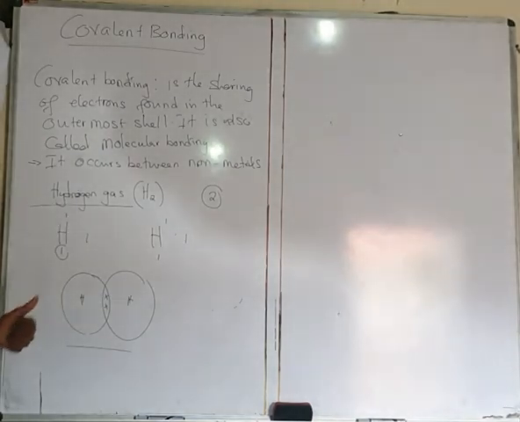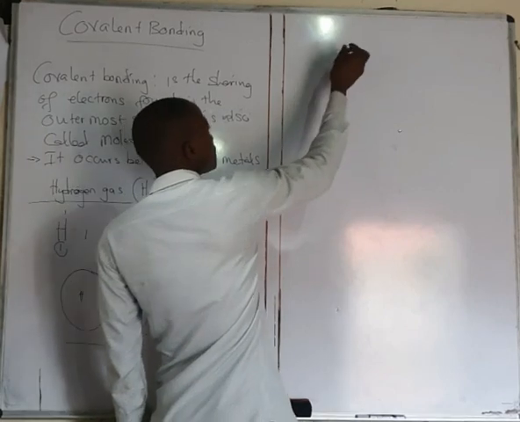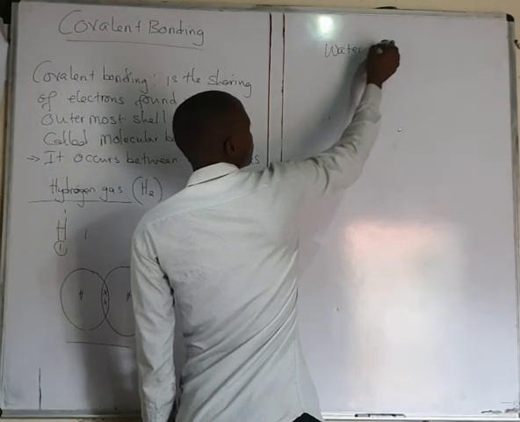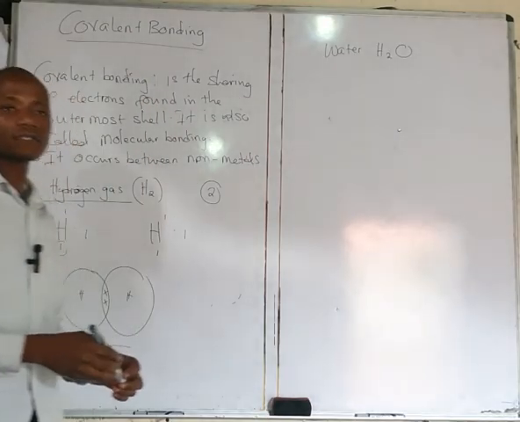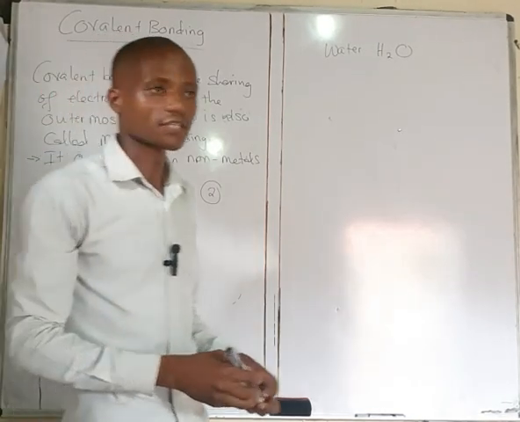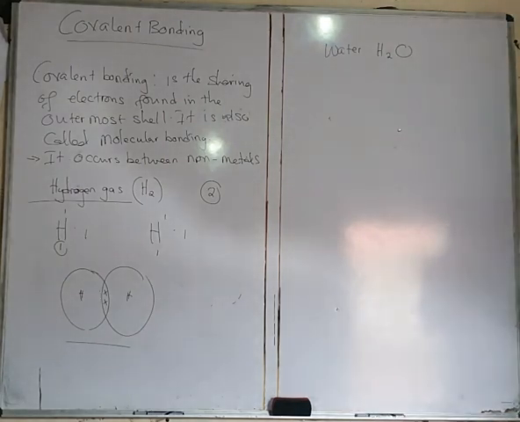Apart from the hydrogen, let's demonstrate the structure formula for water. Water has the formula H2O. When they ask you a question, they'll ask you to draw the electronic structure for water molecule, which is the H2O.